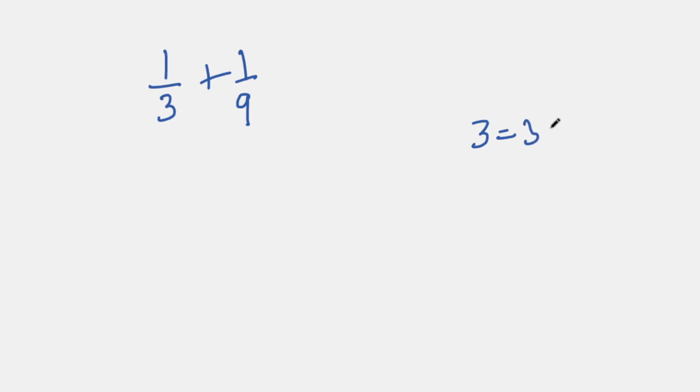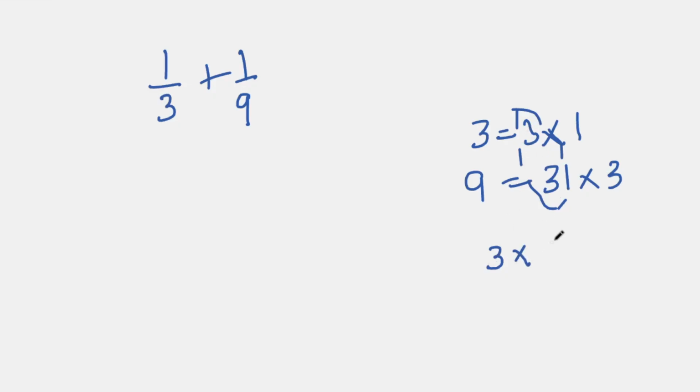Let me show you. 3 can be written as 3 times 1. 9 can be written as 3 times 3. Do you see any common factor here? Yes, 3 is common in both. So the pair which is common is counted as single. So this is 3. Now this one is left. We will multiply it and we get 9.